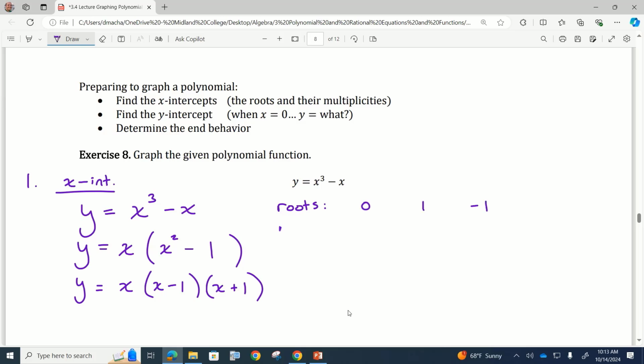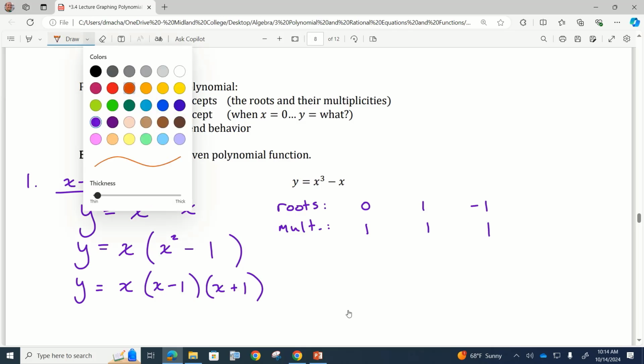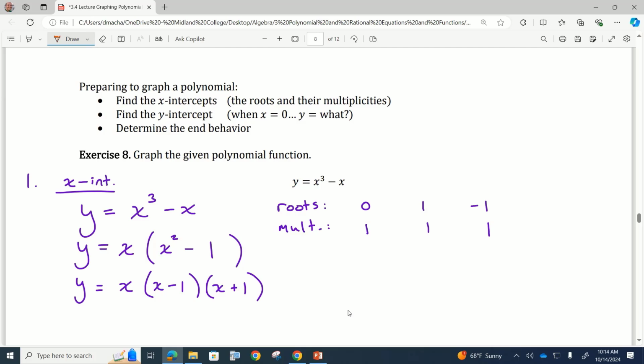And these roots have a multiplicity of 1, 1, and 1. Because the factors that correspond to those roots, we say they have a multiplicity of 1 if they don't have any exponent written down, because x to the 1 power is the same as x.